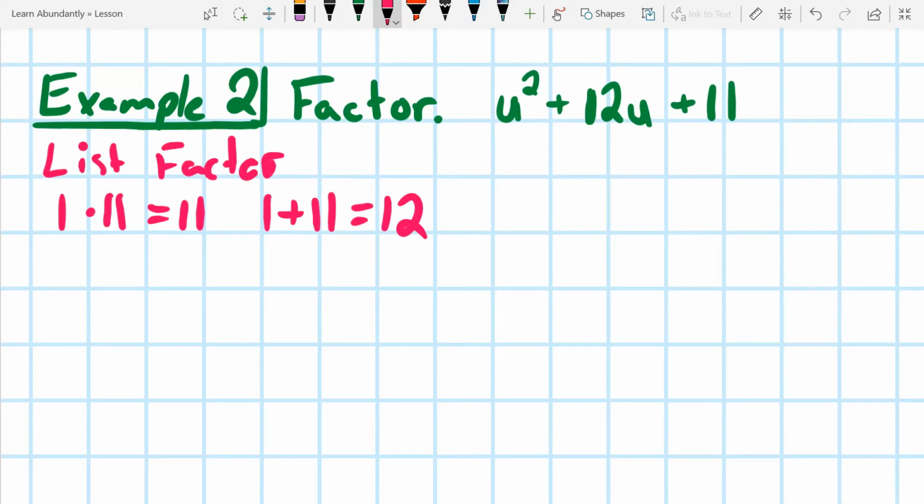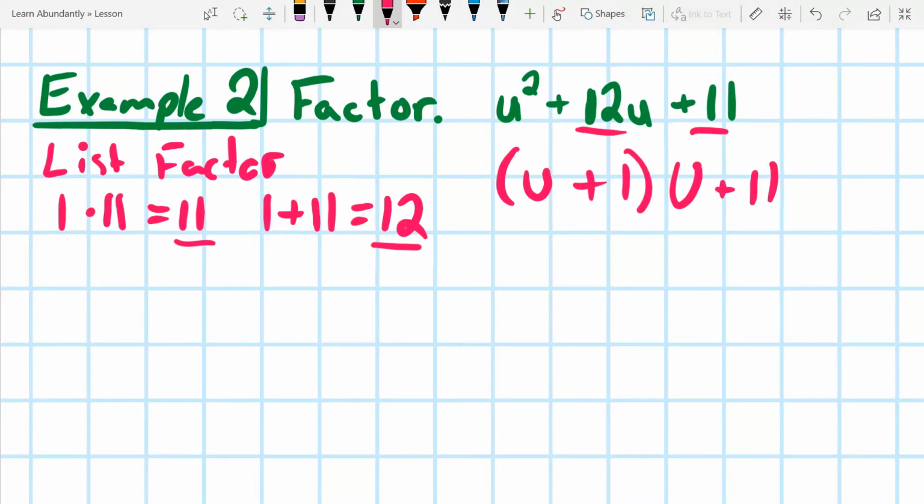So it works out that we get our number there and our number there happen to be the same as our 2 numbers in our trinomial. So we can go ahead and write in parentheses u plus 1 and u plus 11, because we have those 2 factors. All right.